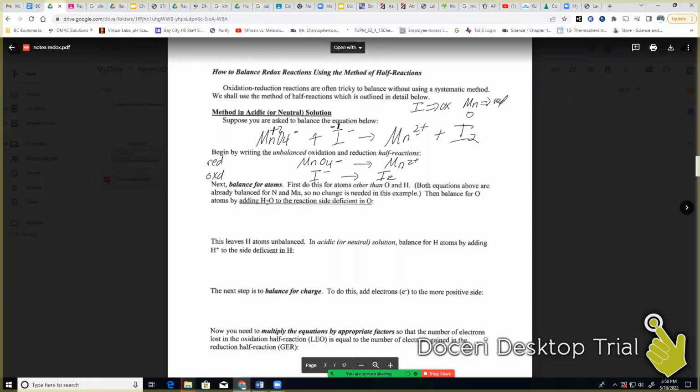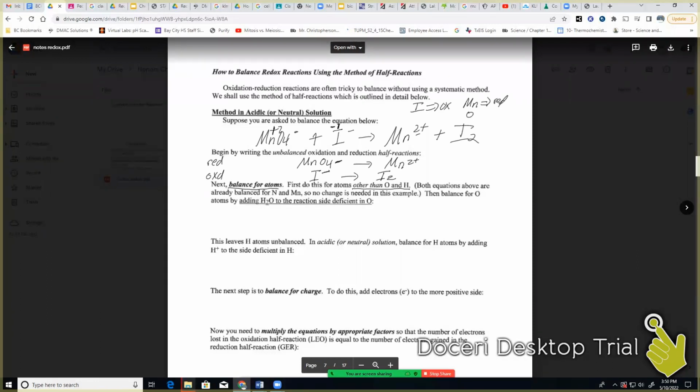I will tell you from experience, be sure that you keep up with your charges. I tend to drop these charges as I'm rewriting things, and that makes it really hard to balance. You don't realize whether you're balanced or not. The first thing we're going to do is balance atoms other than hydrogen and oxygen.